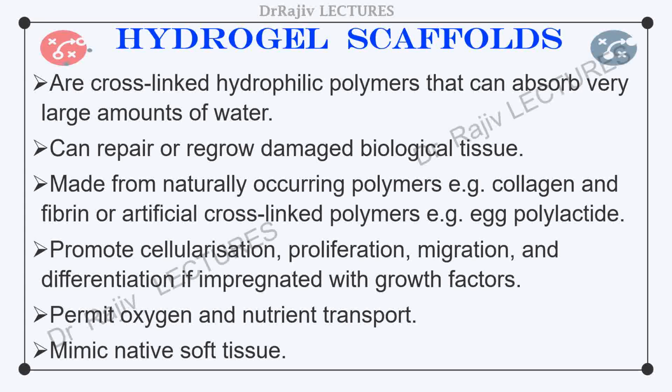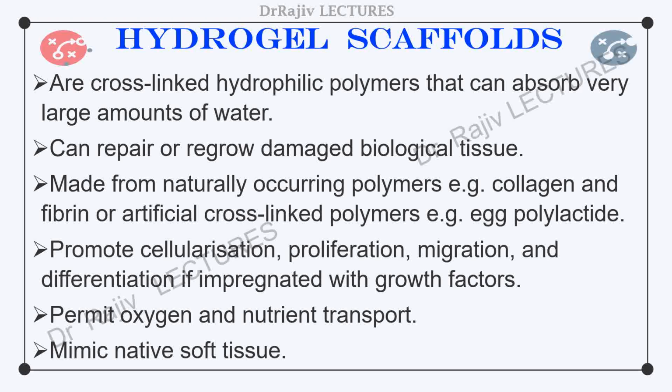Hydrogel scaffolds are a new area of research in the field of tissue engineering. These are composed of cross-linked hydrophilic polymers that can absorb very large amounts of water while maintaining their three-dimensional shape and structural integrity. These scaffolds can repair or regrow damaged biological tissue and are highly beneficial for the treatment of injury and disease.